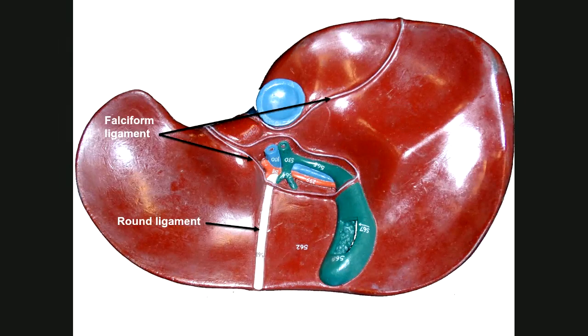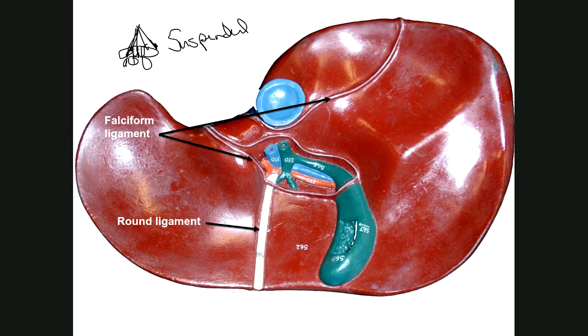Another thing is the liver is suspended. And we talked about this in the first video. But the digestive system is suspended. Remember, we had these mesenteries, and we named some of those mesenteries. Remember, there was the greater omentum, the lesser omentum, the transverse mesocolon.